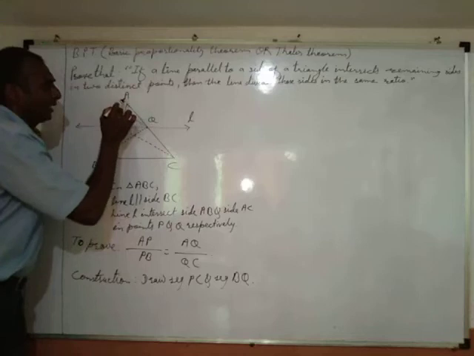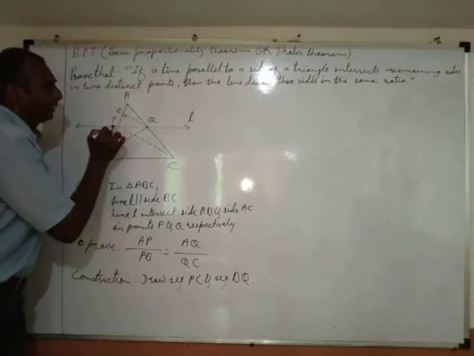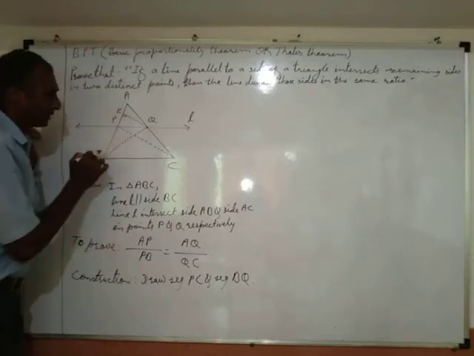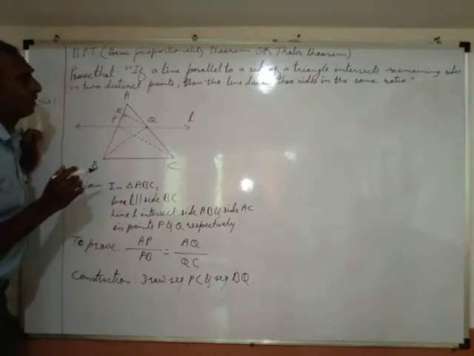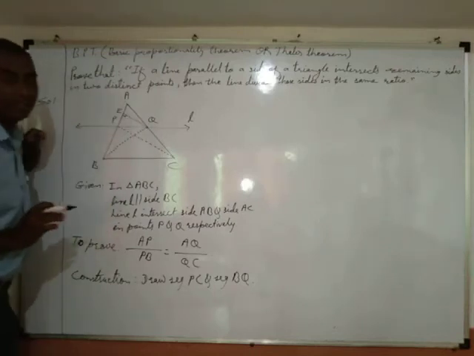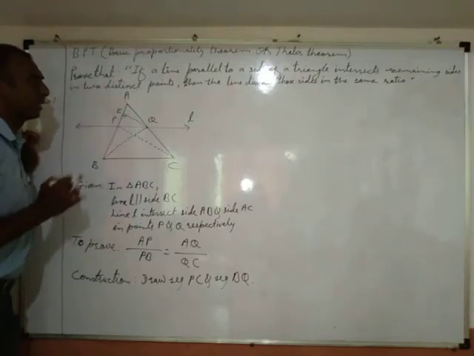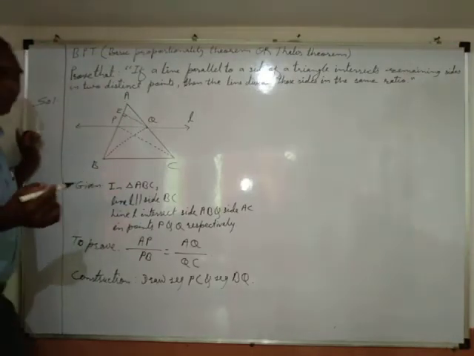In triangle APQ, AP is the base and QE is the height. In triangle BPQ, PB is the base and QE is the height. Means these are triangles having the same height. And we know that the ratio of areas of two triangles having equal heights equals the ratio of their corresponding bases.